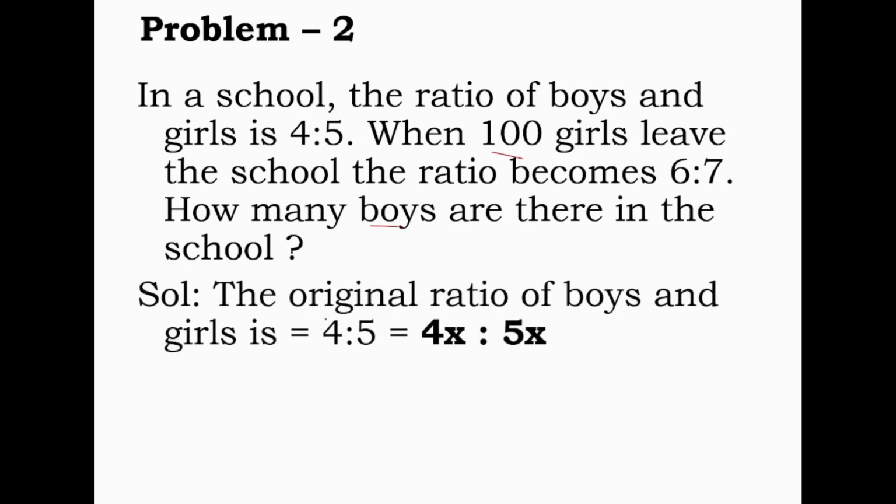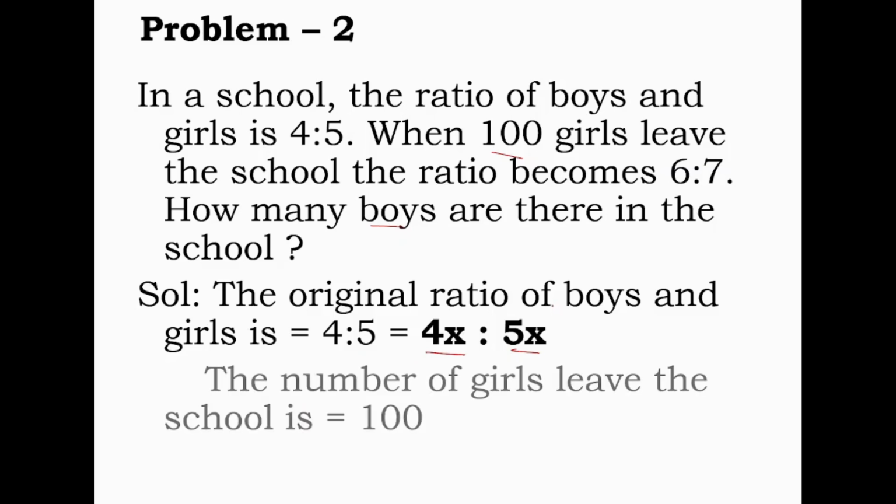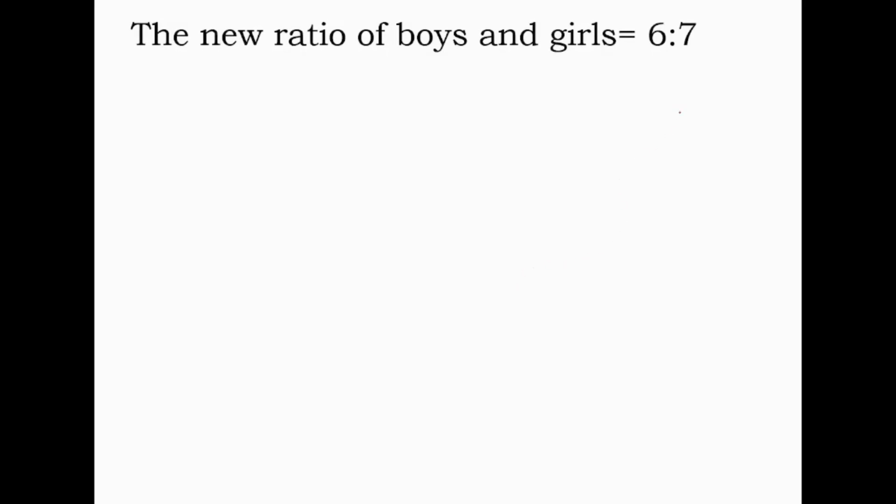So the original ratio of boys and girls is given as 4 is to 5, let it be 4x is to 5x. The number of girls leaving the school is 100. So now the resultant ratio is 6 is to 7.